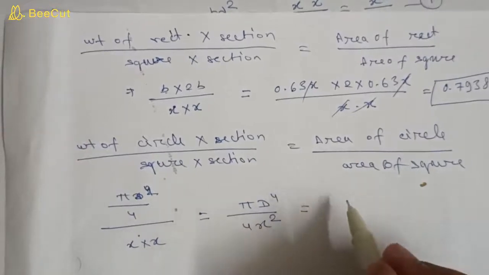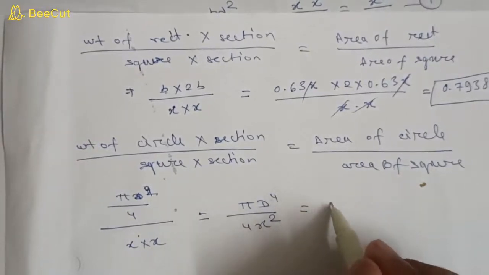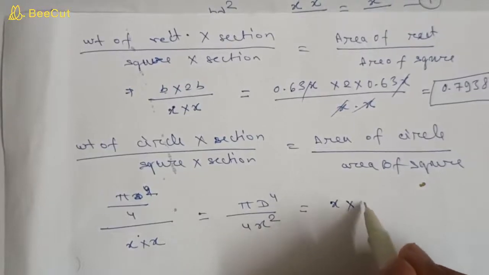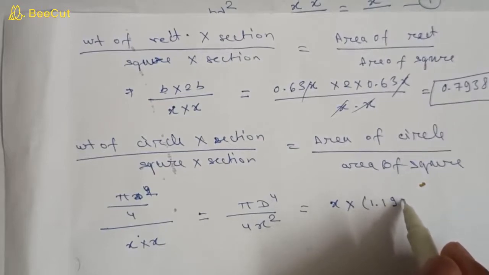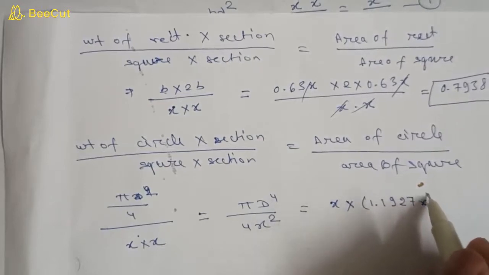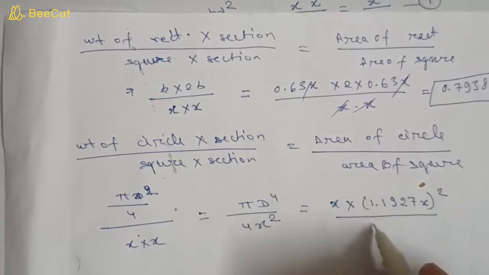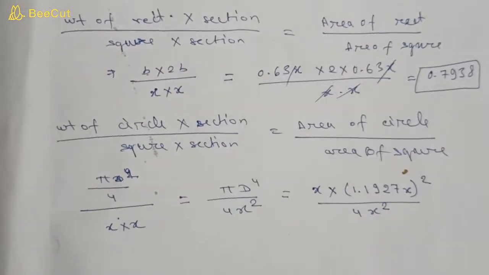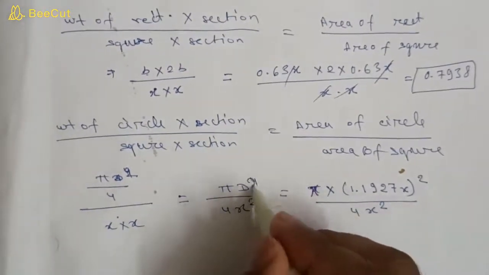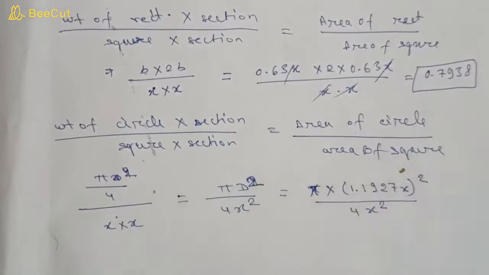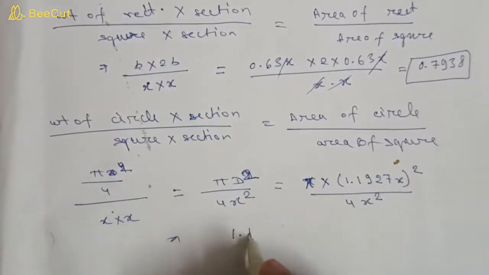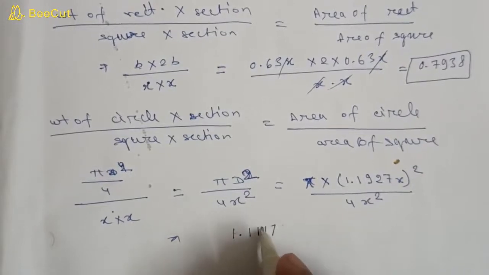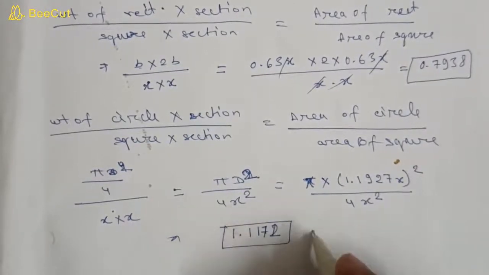Now D is equal to 1.1927x, which we have calculated, so we will put pi into 1.1927x whole square divided by 4x square. If you calculate this, then you will get the ratio equal to 1.1172. Okay, so this is the answer.